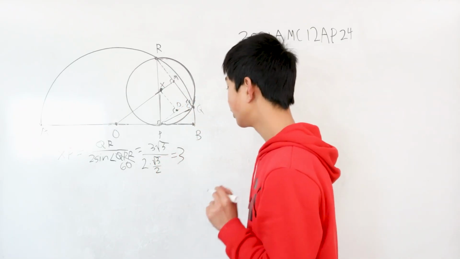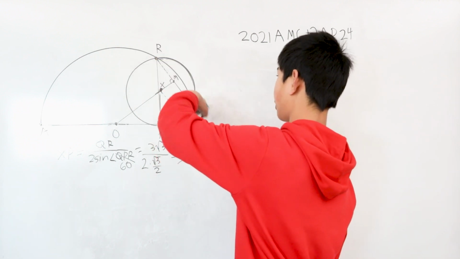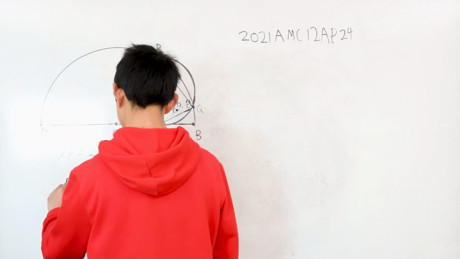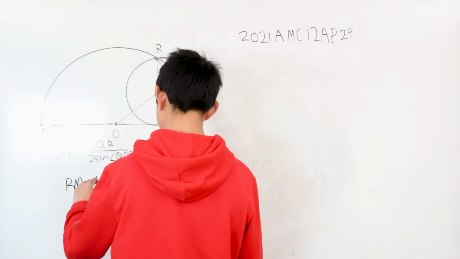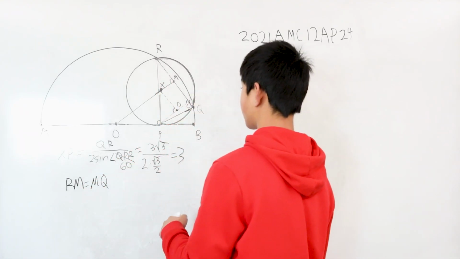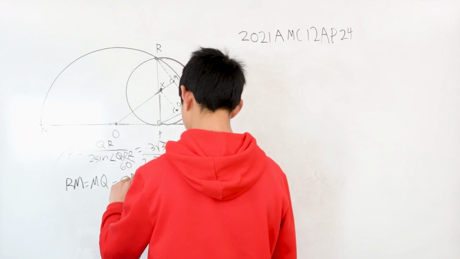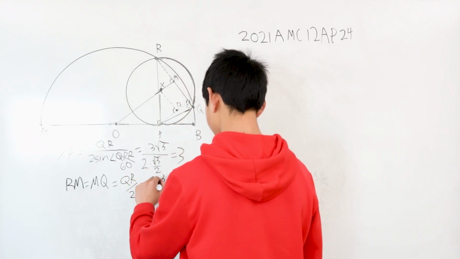And now we realize that M is the midpoint of this segment QR. So the segments RM and MQ are equal because M is the midpoint. This is QR over 2, or 3√3 over 2.